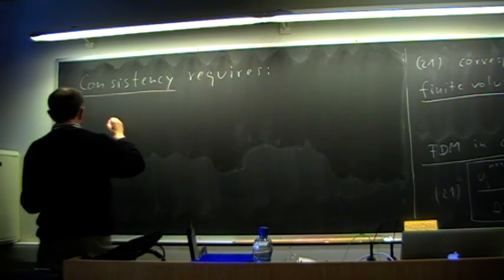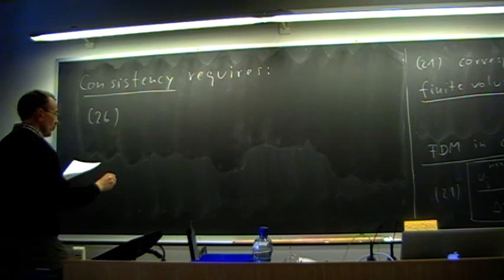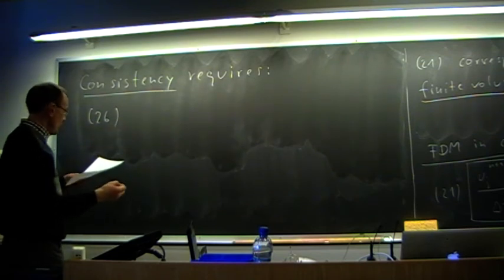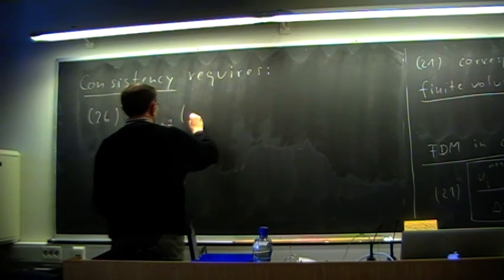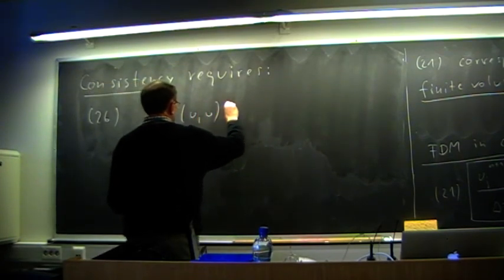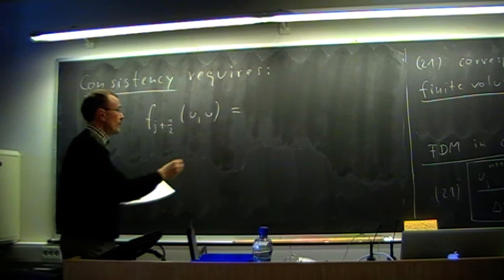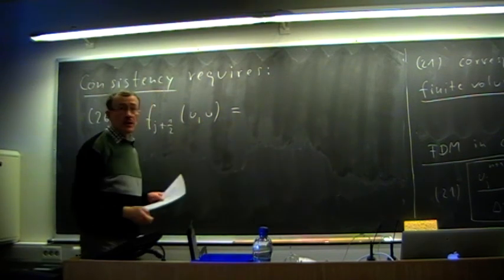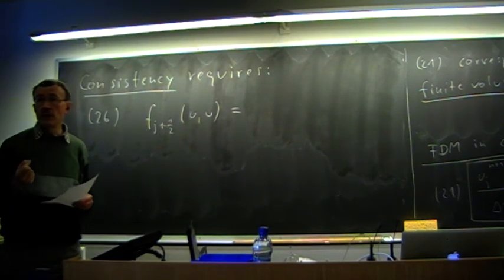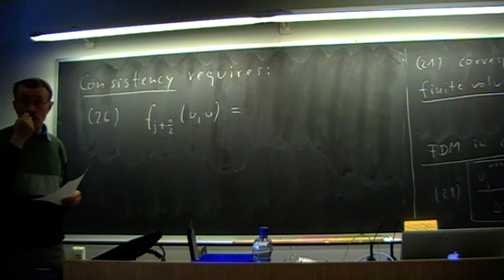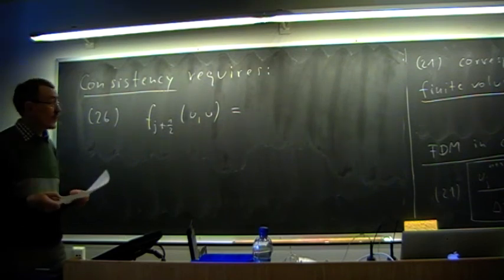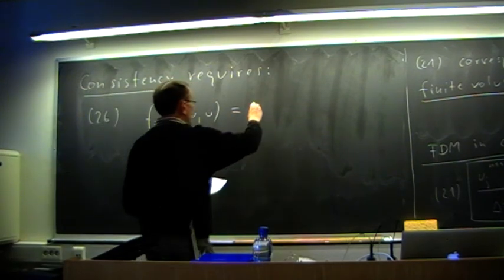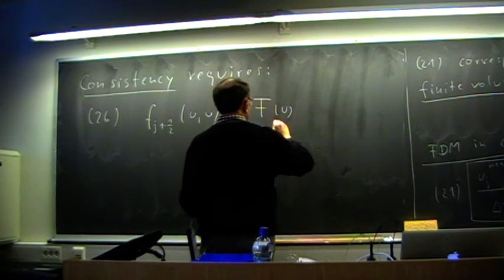So when we plug in u for uj and uj plus 1 in our flux function, so that we have the same values on the left and the right, the numerical flux function should give us the correct flux function with this argument. So we should get f of u.